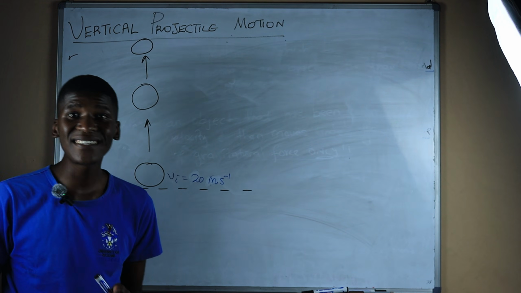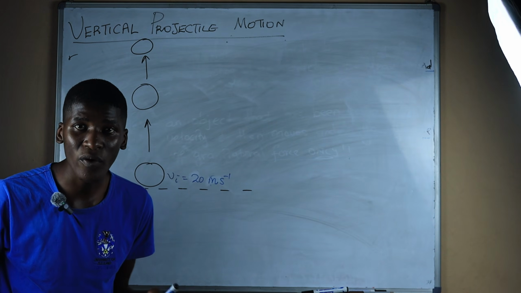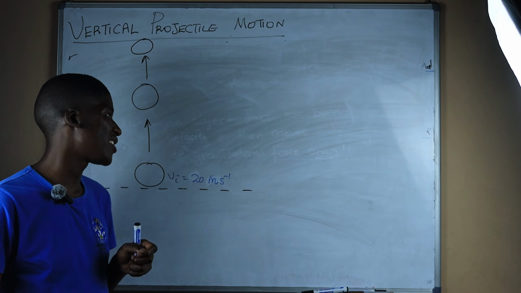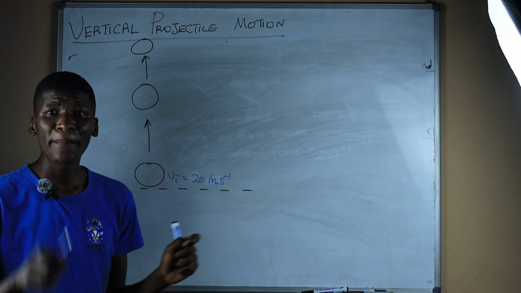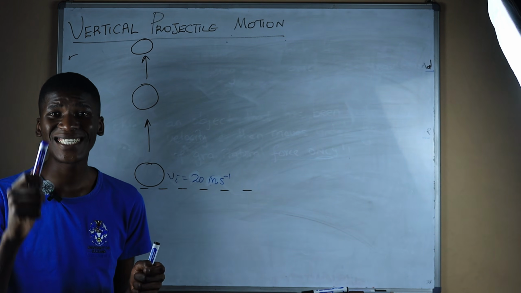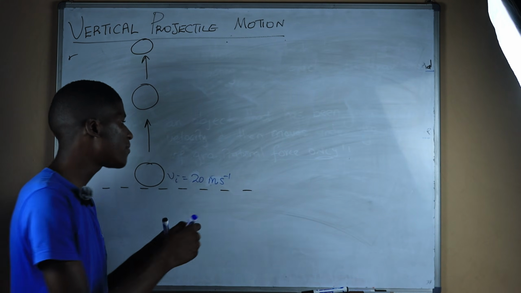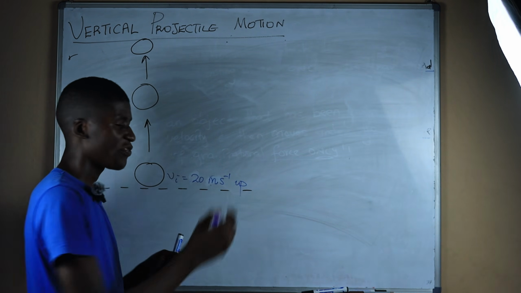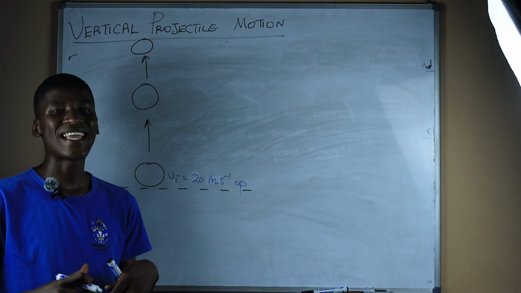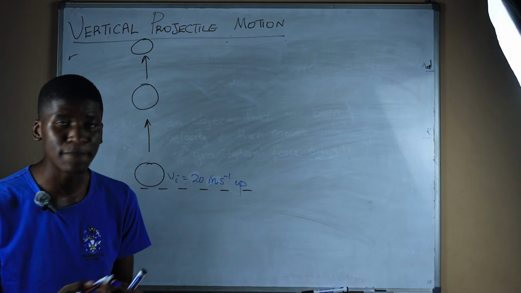So this simply means that you have actually thrown the ball such that when it goes up, it has got this velocity, which is 20 meters per second. But since velocity is a vector quantity, guys, remember that velocity is a vector quantity. It must have magnitude and direction. So this is 20 meters per second up. This is the velocity that you have given at the beginning of the motion, right?